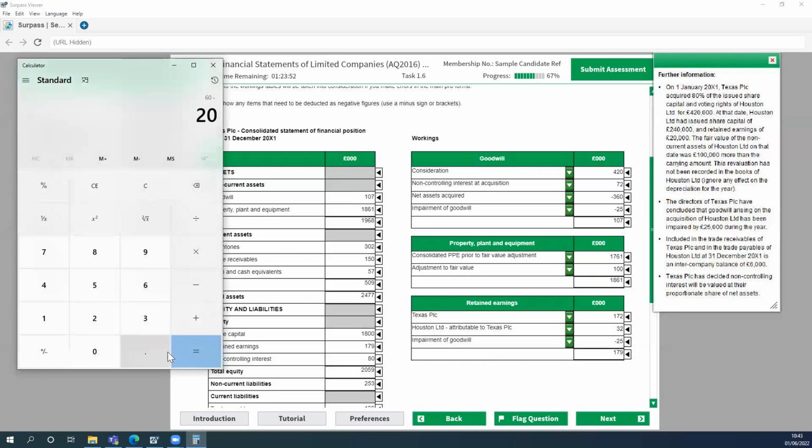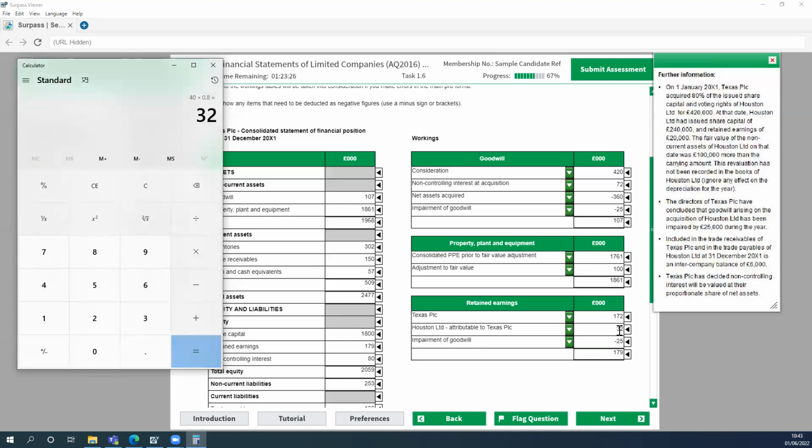So since they acquired the subsidiary, it's increased their retained earnings by 40,000. How much of that goes to the parent company? They've got 80%, so times 0.8 equals 32. So that's where we get the 32,000 as far as the retained earnings is concerned.